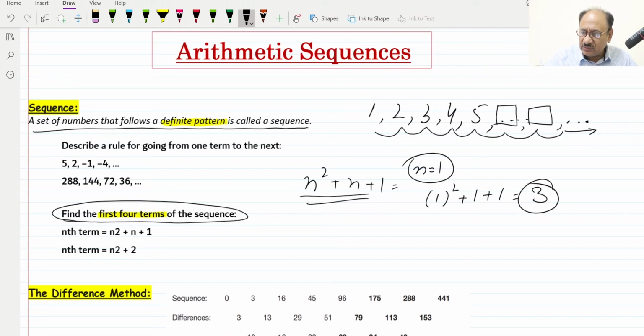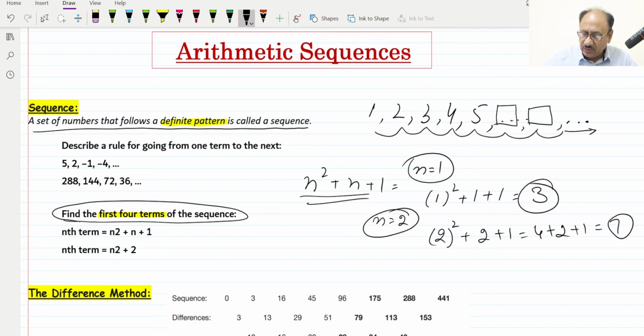So our first term is 3. For n equal to 2, we replace n with 2 and we get the second term. It will be 2 squared plus 2 plus 1, which is 4 plus 2 plus 1, which is 6 plus 1, which is 7.